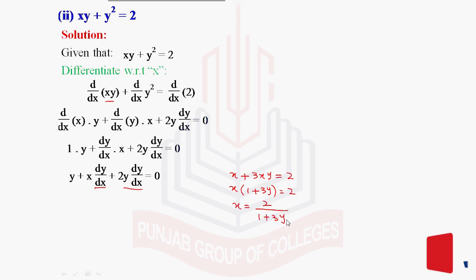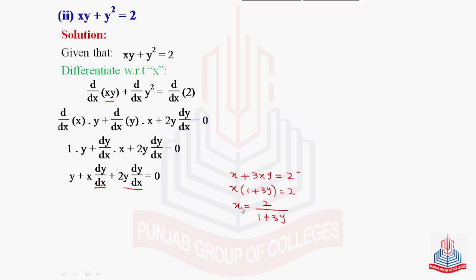So in simple algebra, if we want to calculate the value of a variable, like in this example we have to calculate the value of x, on the left hand side there should be simple x, and all other terms or all other data will be shifted towards the right hand side.